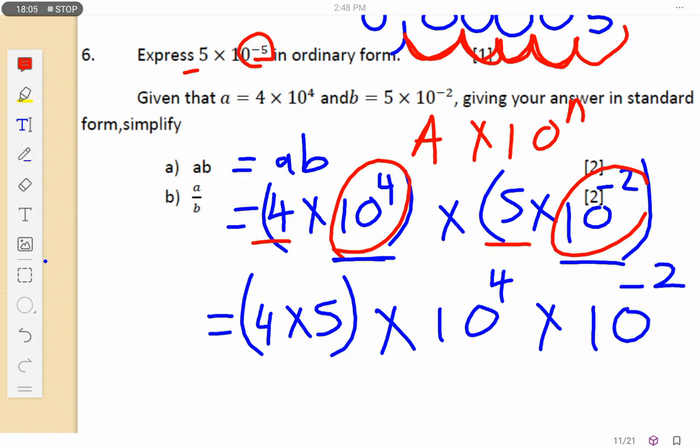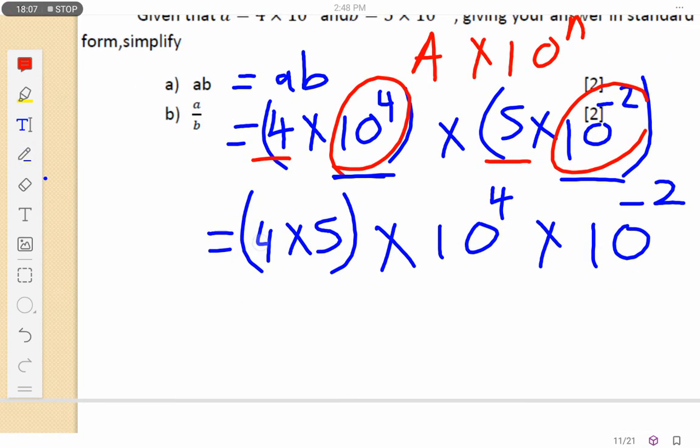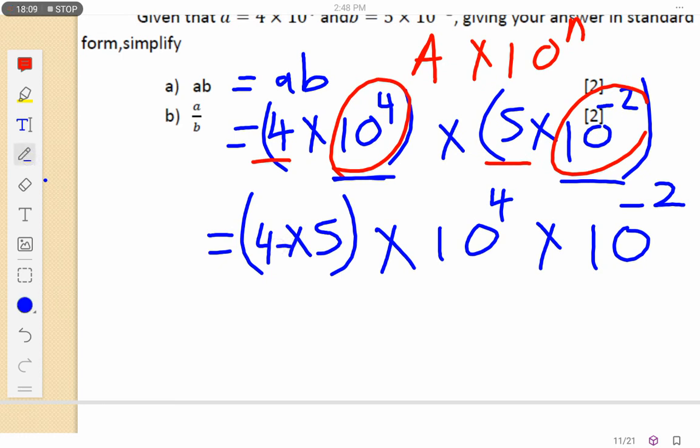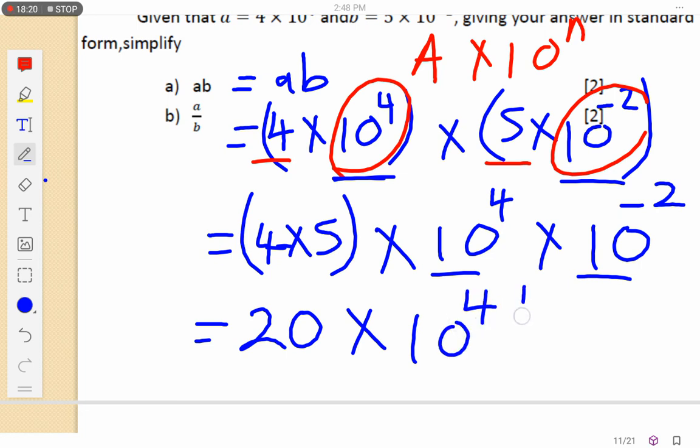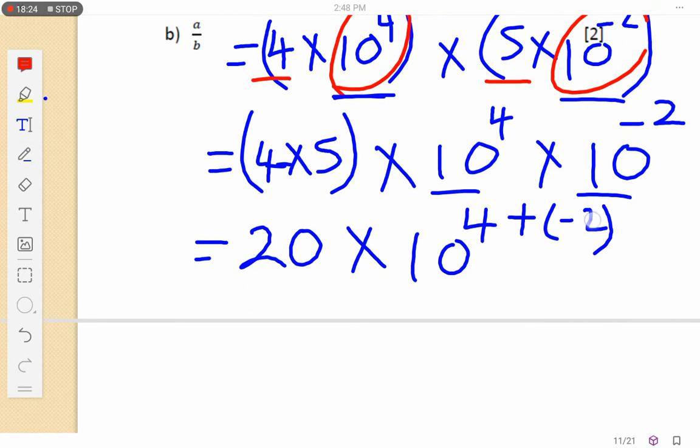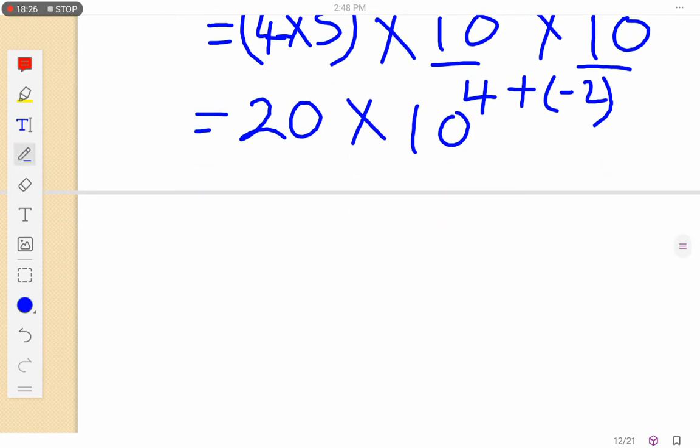Now let's solve. For the first one, I've got 4 times 5, I'll get 20. Then times, these ones have the same base, so I'll add the powers. So I have 10 to the power of 4 plus minus 2. When I add those two, I get 20 times 10 to the power of 4 plus minus 2, which is the same as 4 minus 2, I'll get 2.